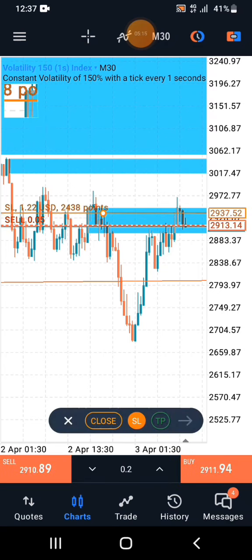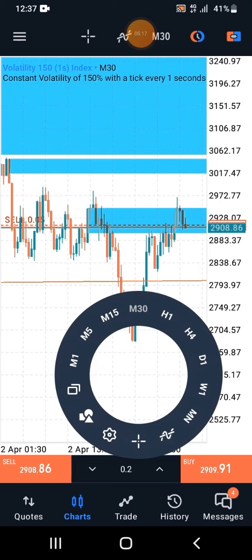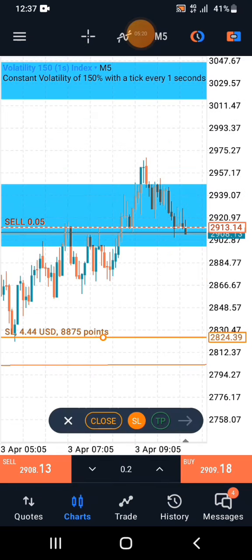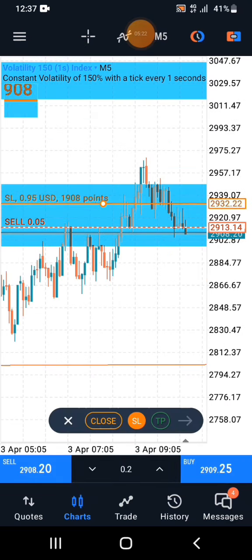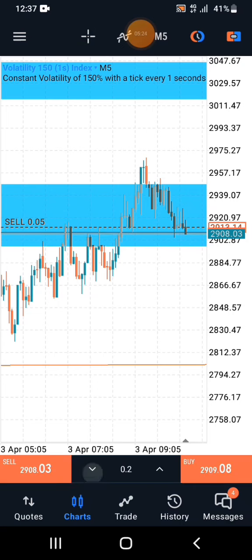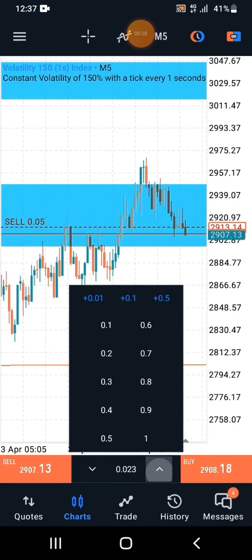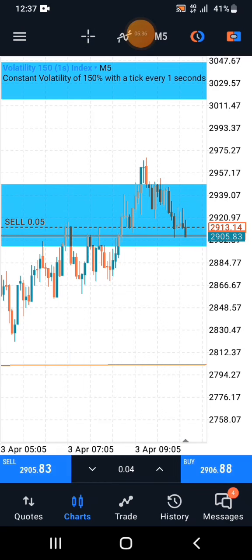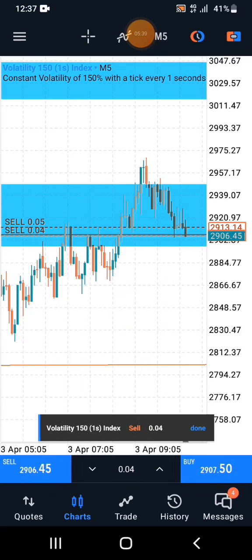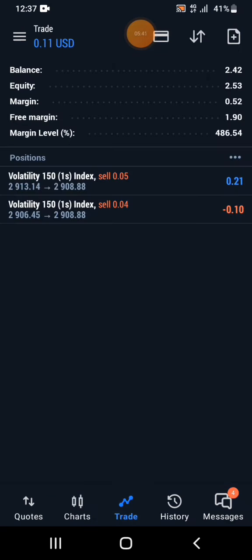So right, if we go up to here, we'll be in a dollar loss. So basically I want to calculate how many more I can add. So we can add about one more position at 0.04 lot. So that will be better for our risk management.